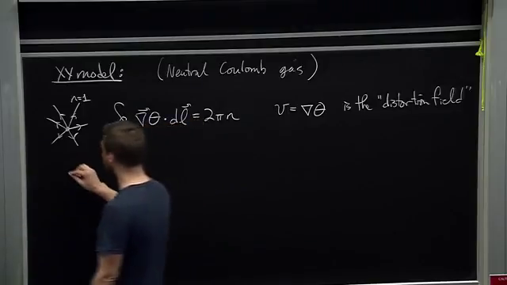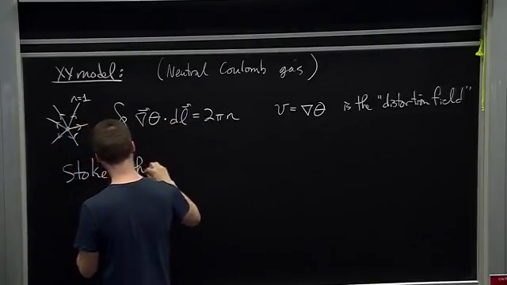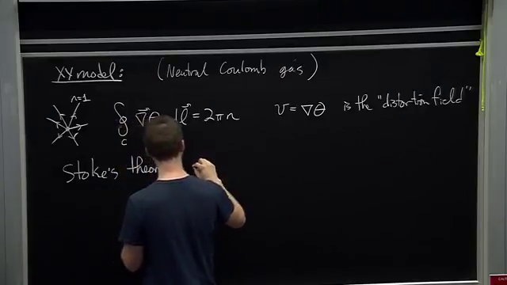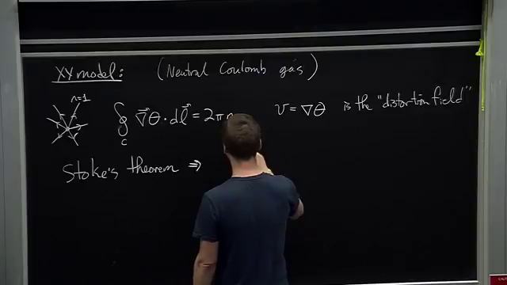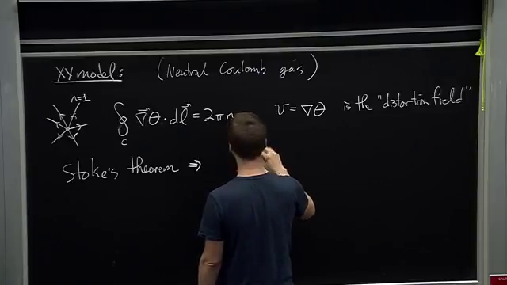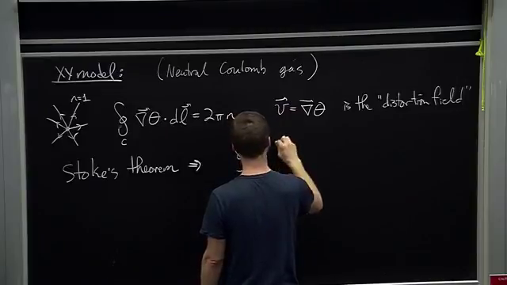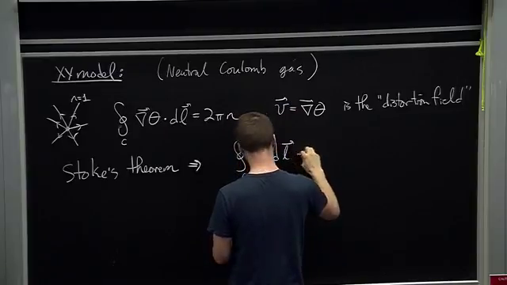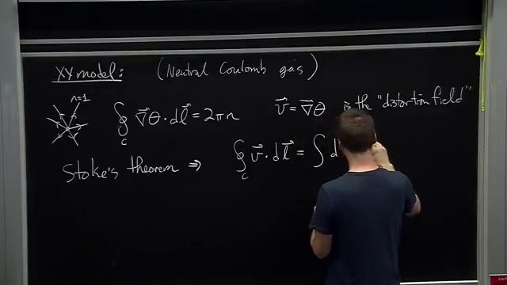So then let's just apply Stokes' theorem. Okay, so what does that mean? So that's v. I have x and y.